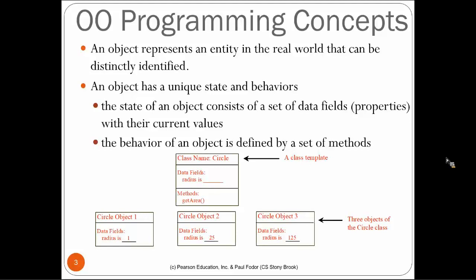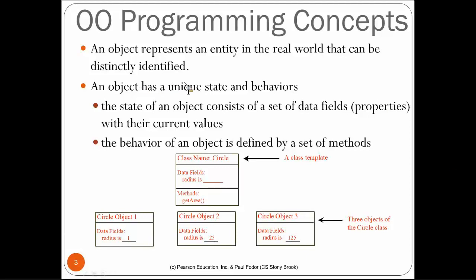Each circle in this paint application has a different radius. So if I ask what is the area of any given circle, the area of that circle should be computed based on the state of that circle, based on the properties like the radius of each one of the circles.